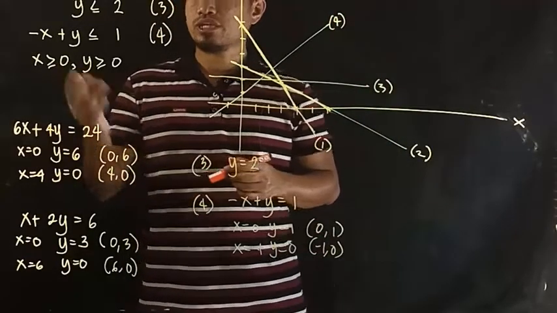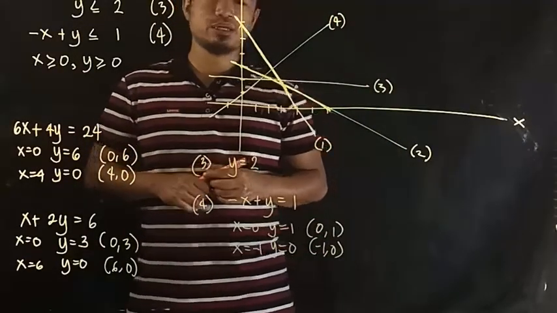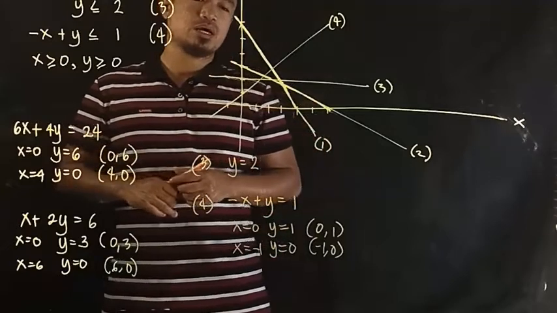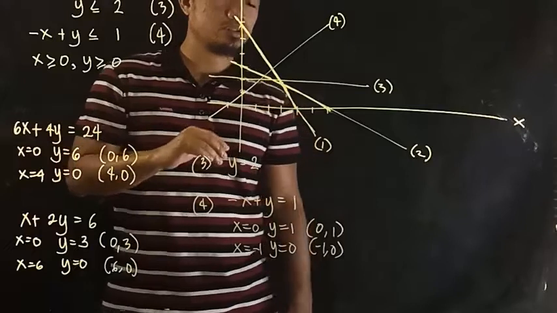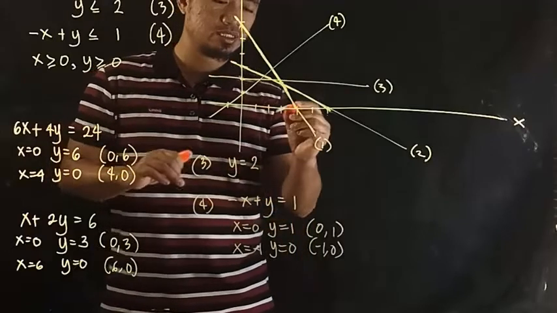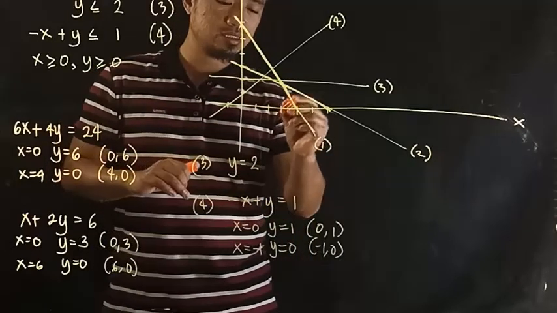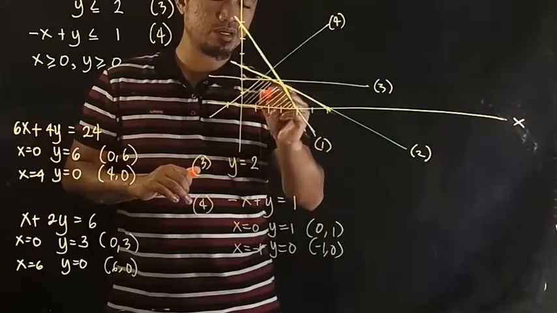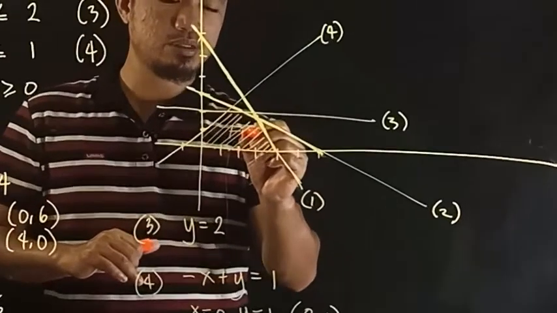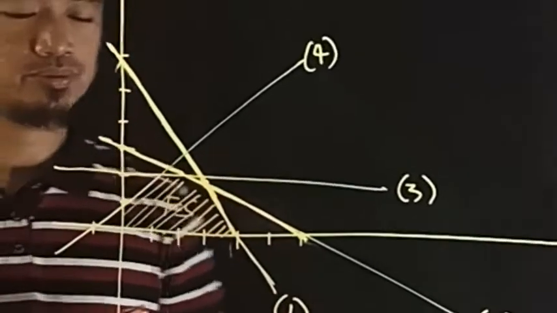Since all of our constraints are less than or equal, their solution sets are below their corresponding lines in this graph. So the common region is this region. This will be our feasible solution.